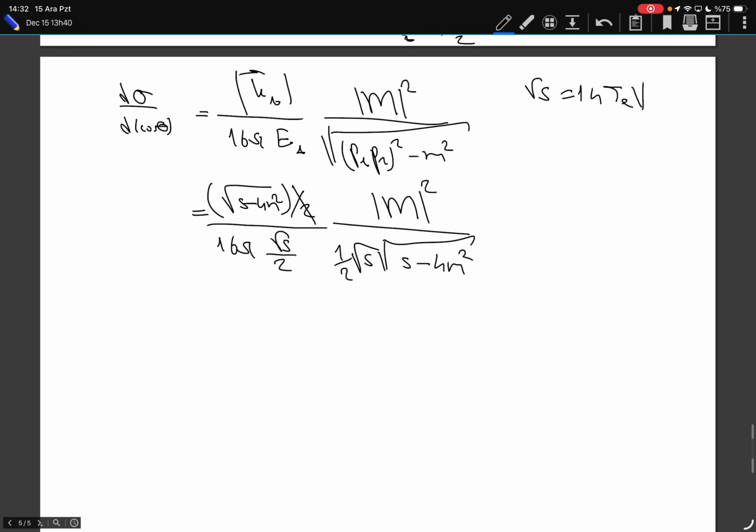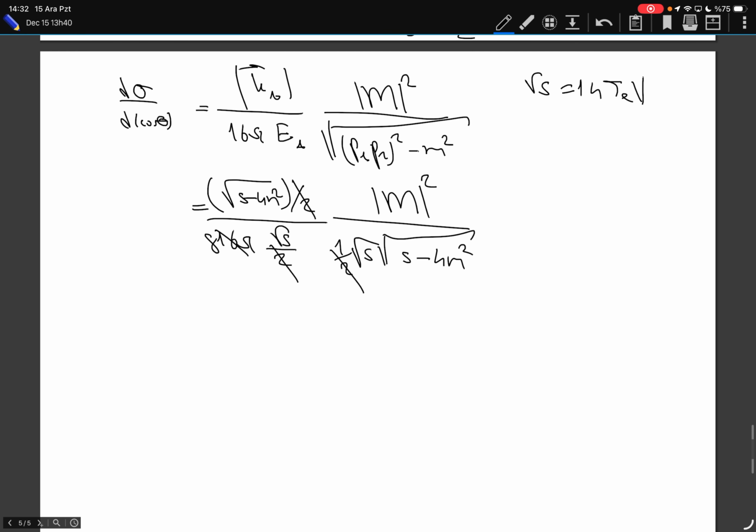So this 1 over 2 cancels this 1 over 2. Here I get a cancellation, I get an 8 pi. S minus 4m squared cancels this S minus 4m squared. Is m squared over 8 pi S.